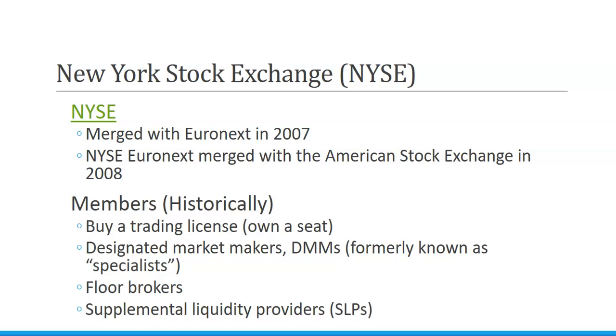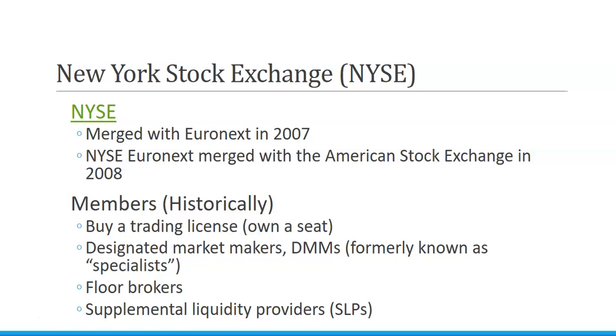The New York Stock Exchange was created in 1792. They have merged with other stock exchanges throughout time. Historically, before 2006, members had to buy a trading license or own a seat in order to trade on the stock exchange. We had designated market makers.